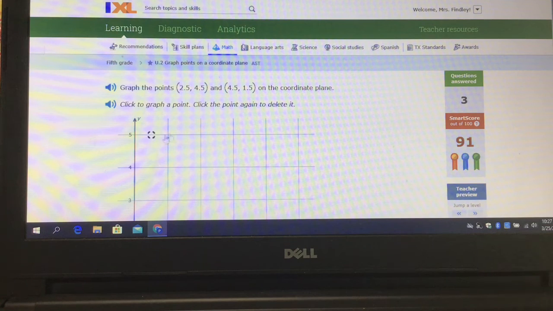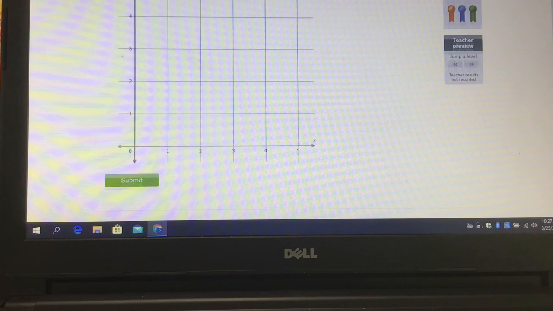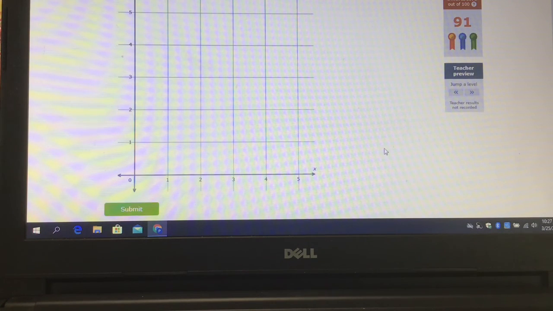Okay, let's just practice plotting this point, and then I'm going to jump up a level. So we've got 2.5 and 4.5. 2.5 for the X and 4.5 for the Y. So let's go ahead and go down to our grid. Okay, 2.5 would be 0, 1, 2, and then half of another one, $2.50 or $2 and half of a dollar.